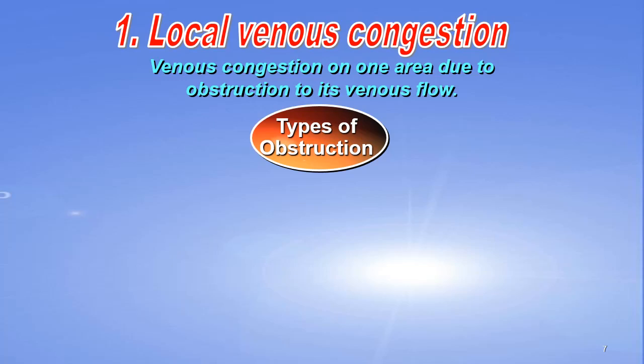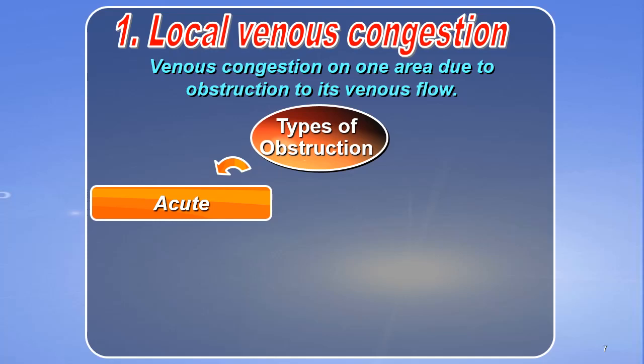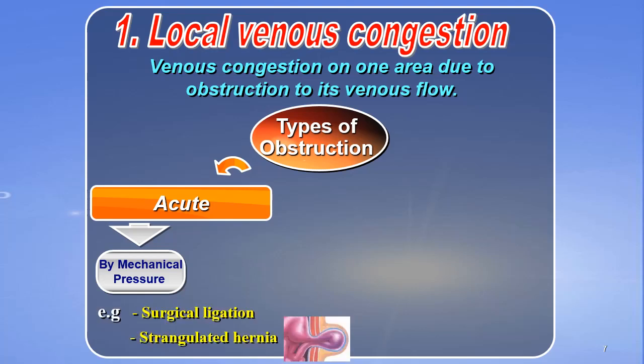Let's start with the local venous congestion. In local venous congestion, the congestion is limited to a part or area due to obstruction to the venous flow from it. It may be acute or chronic according to the type of obstruction.